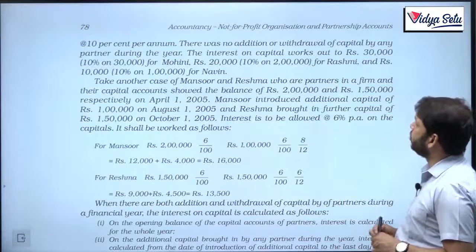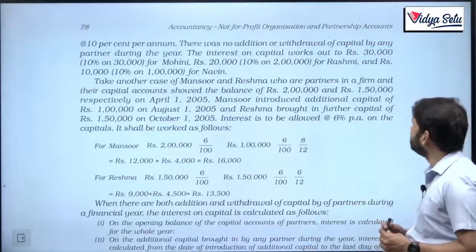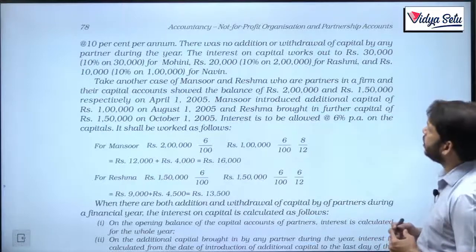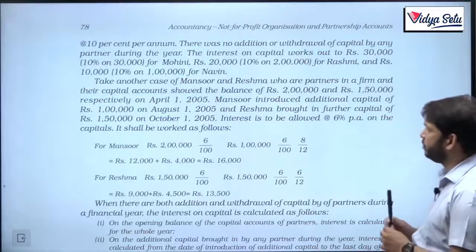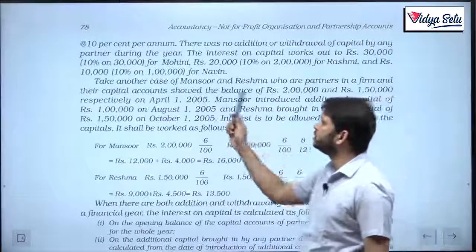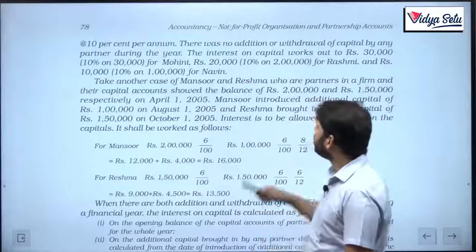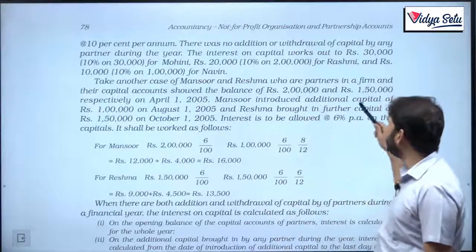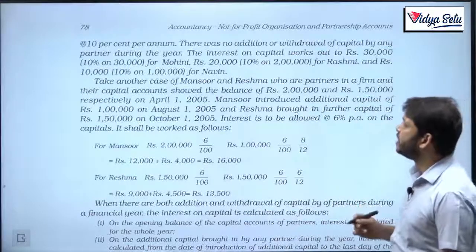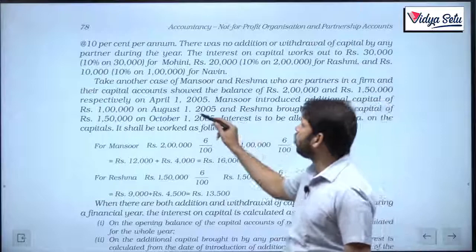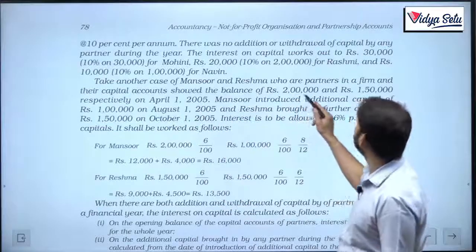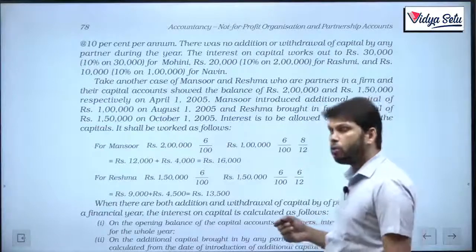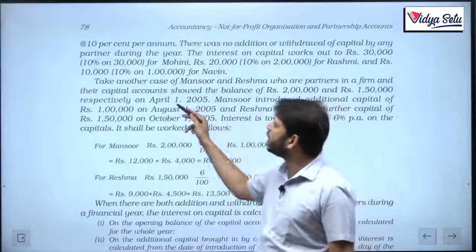Mansoor and Reshma are partners in a firm, and their capital accounts showed balances of rupees 2 lakh and 1 lakh 50,000 respectively, and this balance was on 1st April 2005. Mansoor introduced additional capital of rupees 1 lakh on 1st August. Now see, the original capital of Mansoor, which was 2 lakh, was there in the business right from the beginning.